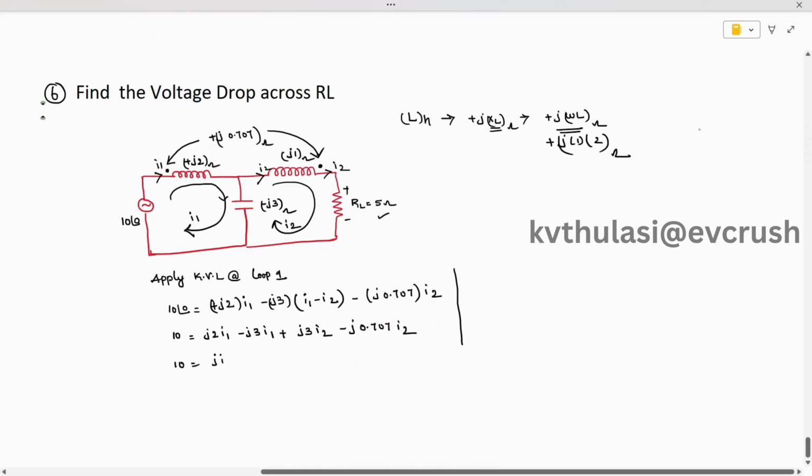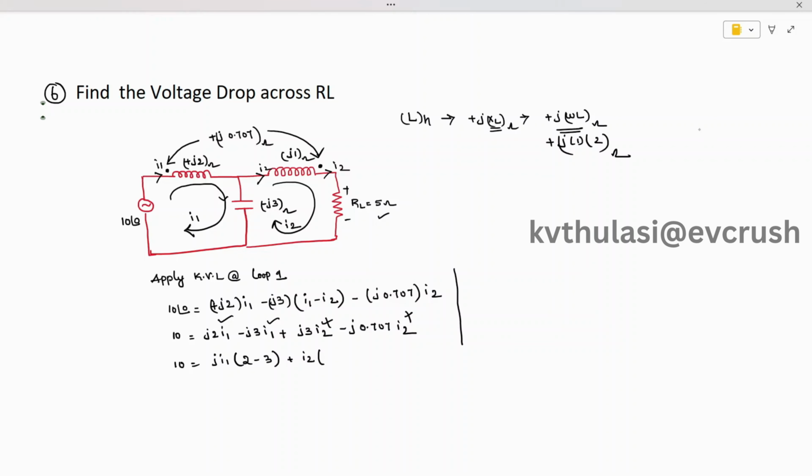So here you can take I1 as common, so 10 is equal to, I am taking j I1 as common. In these two terms I am taking I1 as a common term, which is nothing but 2 minus 3, and in this term I am going to take I2 as common, which is j I2 into 3 minus 0.707.